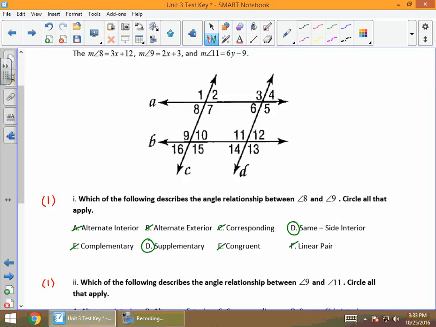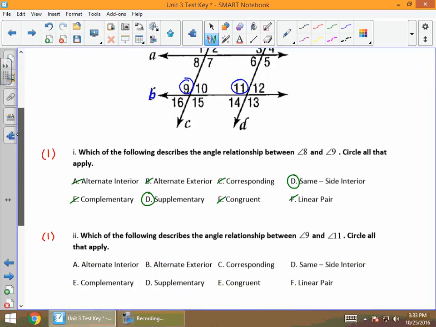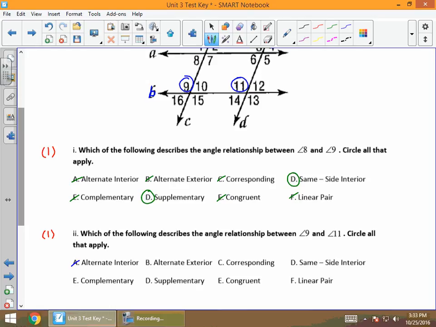Part II says, which of the following describes the angle relationship between 9 and 11? So 9 and 11, you can see that line B is their transversal. They are both on the same side of the transversal, so again, they are not alternate anything. Same side of the transversal, but they're not both inside. One is an interior, one is an exterior.